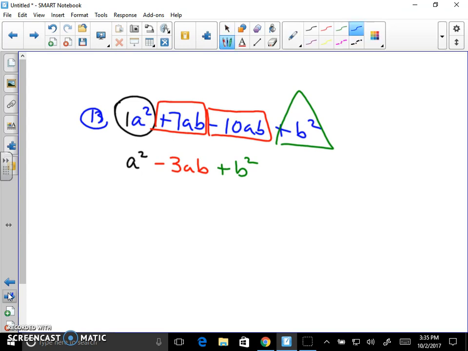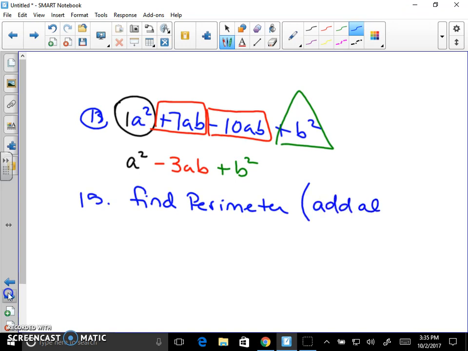Number 15, this is find the perimeter. So remember the formula for perimeter is add all sides, basically as you walk around the figure. So I'm not very good at drawing, you'll see that.